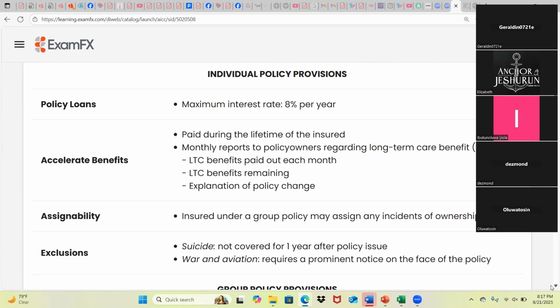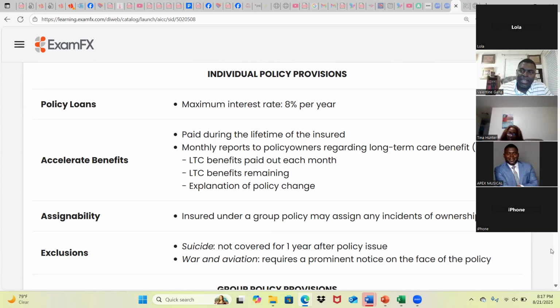So you'll see index universal life, you'll see variable universal life, but just remember those policies that accumulate cash are universal life or whole life policies. Remember, every time you see the word term in the exam, take away cash. Term, just know it's limited duration, no cash, and it's cheaper also.